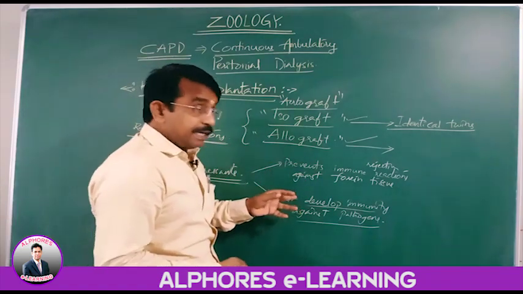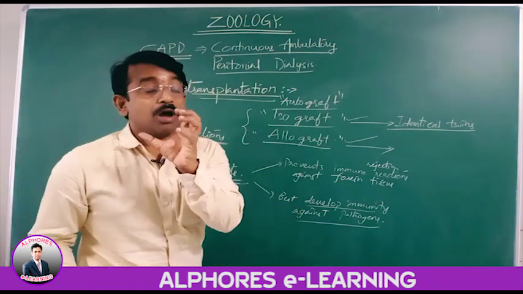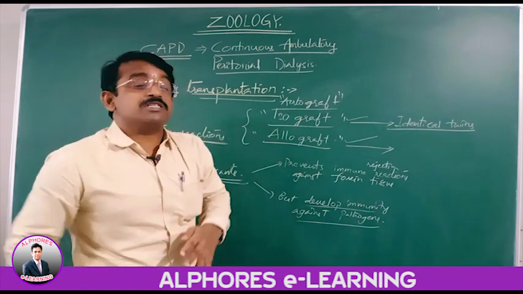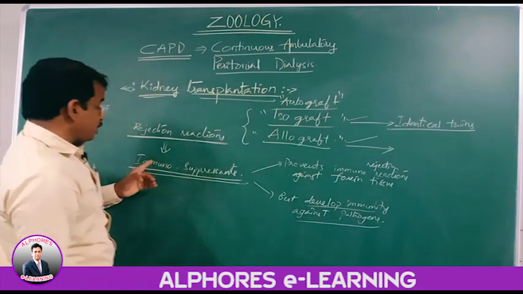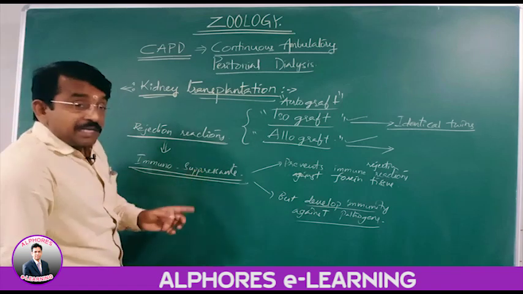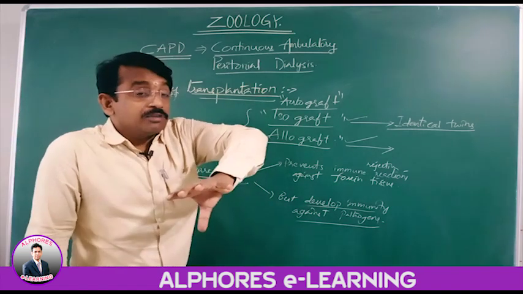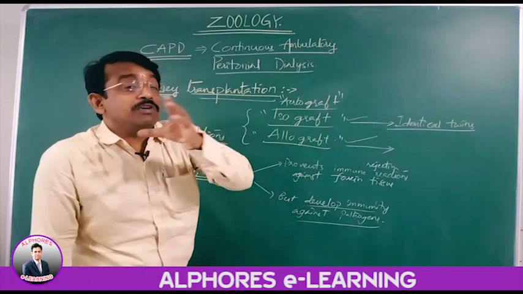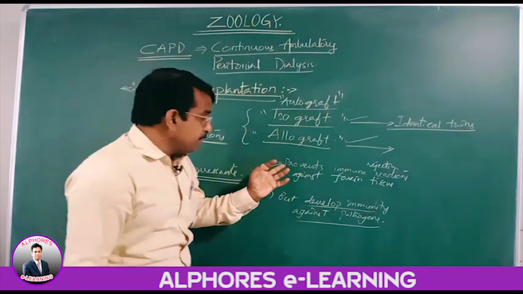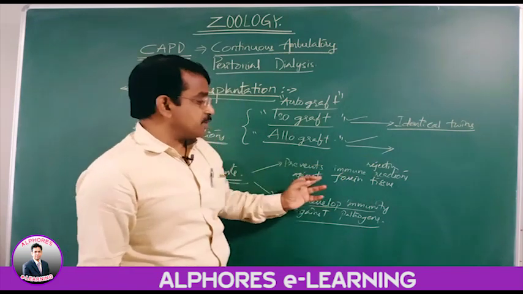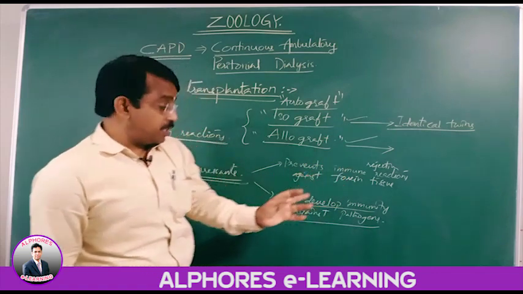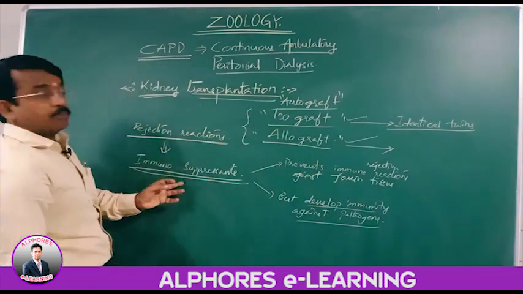So that is the importance of immunosuppressants. What is the purpose of immunosuppressants? It is that the body should not reject the foreign tissue, which is very essential to the recipient from the donor. So it prevents immune rejection reactions against the foreign tissue but develops immunity against the pathogens. That is the advantage of immunosuppressants.